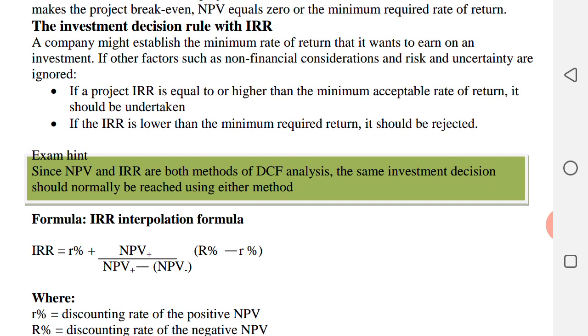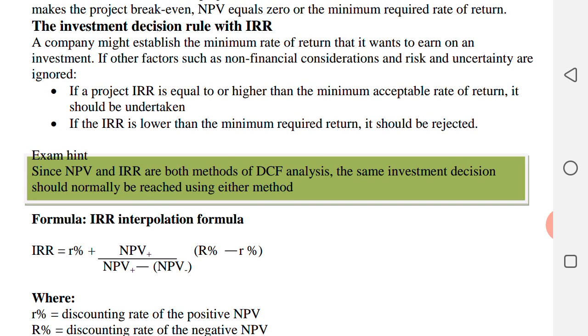It means that the project should not be undertaken, because the IRR of that project is lower than the minimum rate of return.